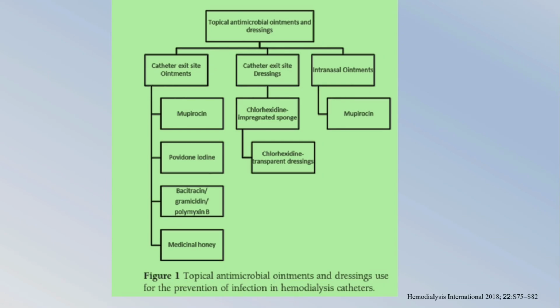So mupirocin being an antibiotic specific for gram-positive, I would not be happy with using it. We need to use something which is an antimicrobial, which is broad spectrum and doesn't promote any resistance. So povidone or chlorhexidine gauzes are better for applying on the exit site, and they are shown in trials to reduce exit site and catheter infections.